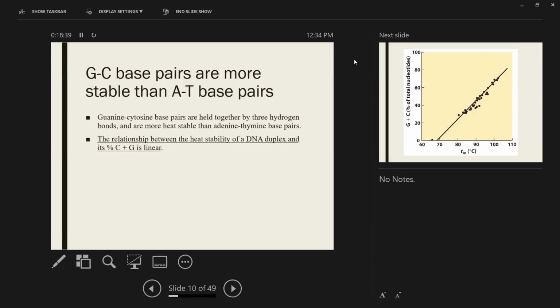So the GC base pairs are held together by 3 hydrogen bonds. Adenine-thymine base pairs are only held together by 2. So the GC base pairs are inherently more heat stable than the AT base pairs. So if there's more GC in it, it'll be more stable.